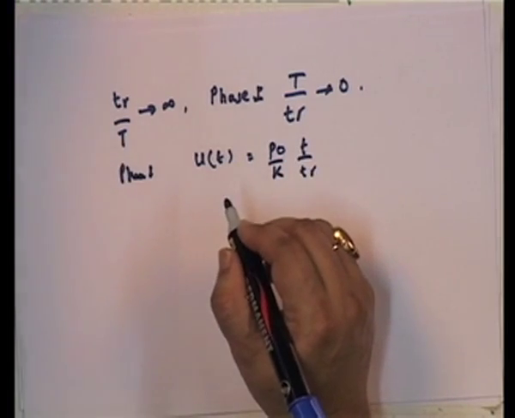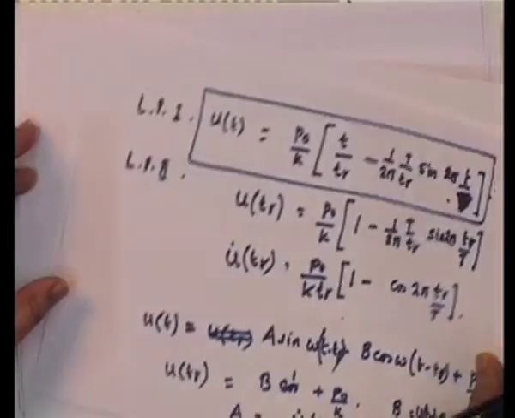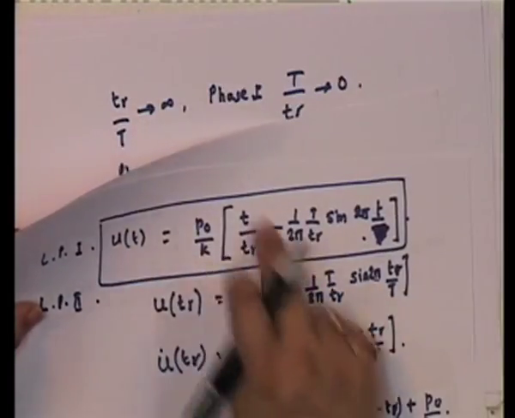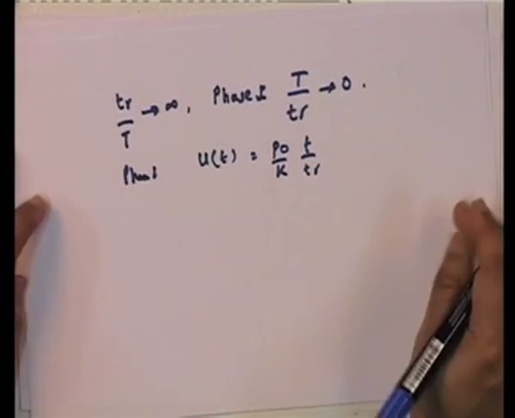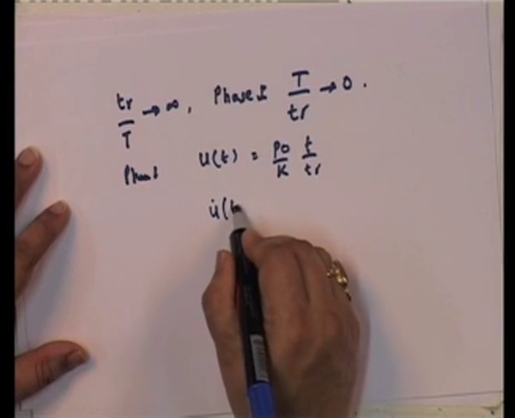Well, let's look at load phase 1. When T by t_r tends to 0, this term drops out, and what you have is this term. Okay. So, it is P naught T upon t_r, and u dot t.